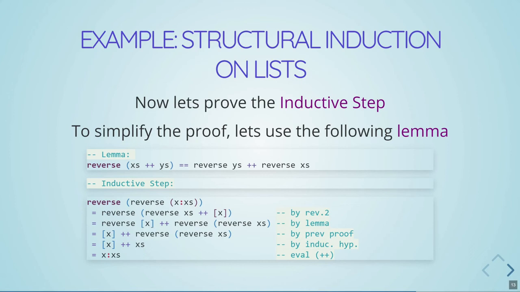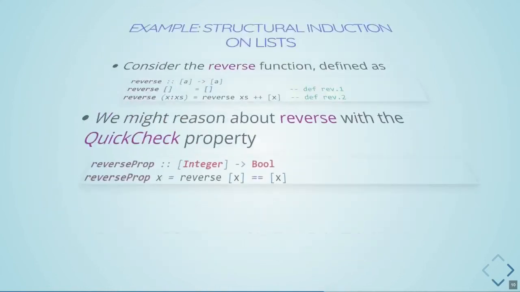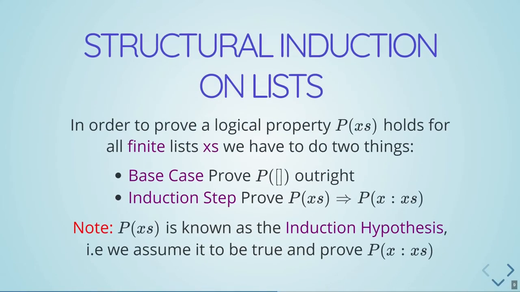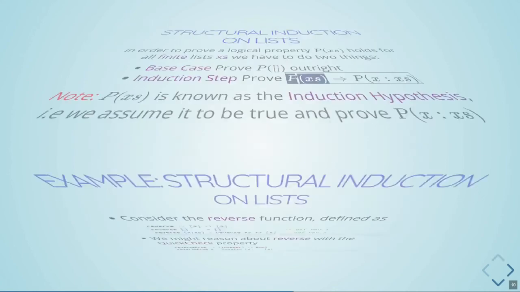Now the reverse of the reverse of x's, this is the induction hypothesis. Remember, we're proving x colon x's, assuming that x's is already true. The predicate of x's is already true.